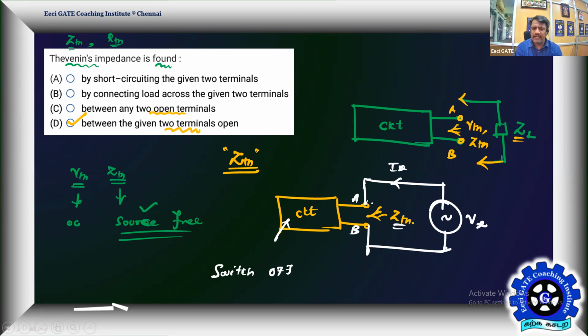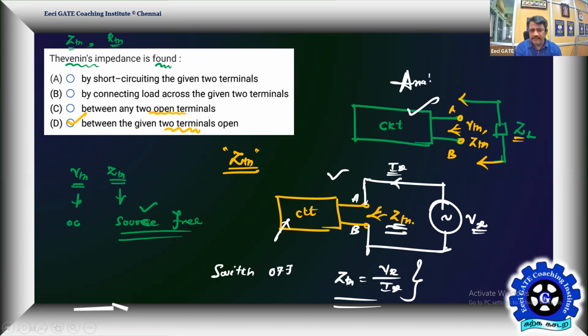Any circuit excited by a voltage Vx, if it is drawing a current of Ix, then Vx by Ix will give us Z Thevenin. That's another fundamental of Z Thevenin, which can be exploited especially when the circuit has dependent sources. He's not talking about this, he's talking about the earlier one. This is how a practical observation of Z Thevenin will be done, and the other is for the analytical approach.